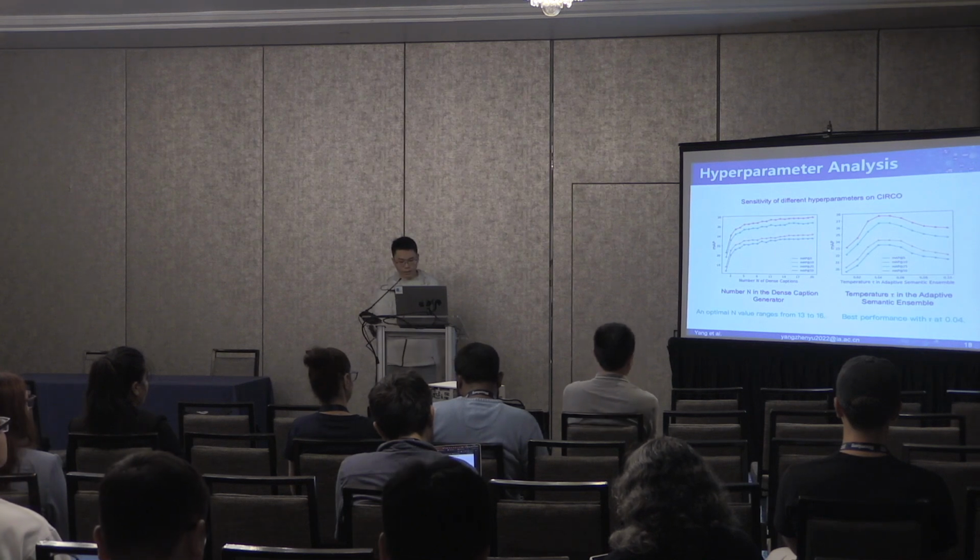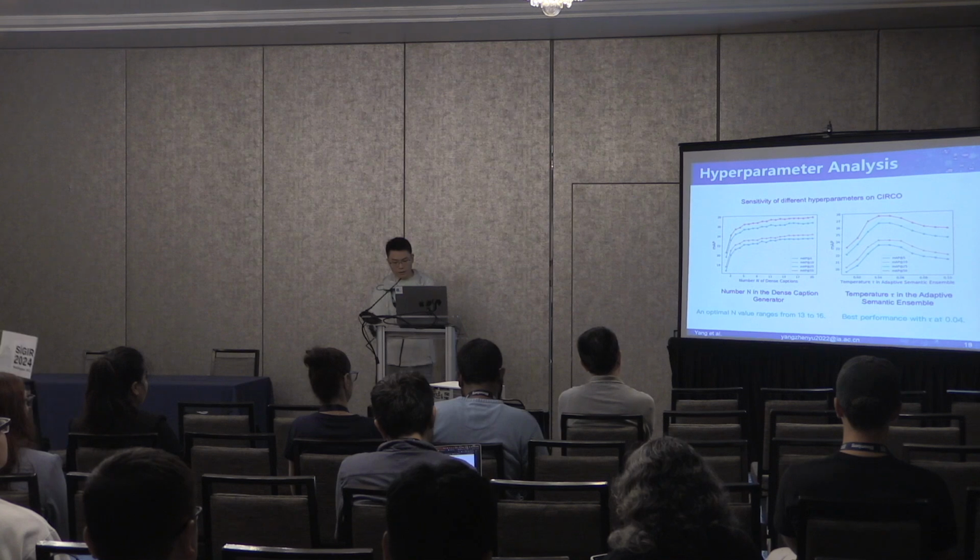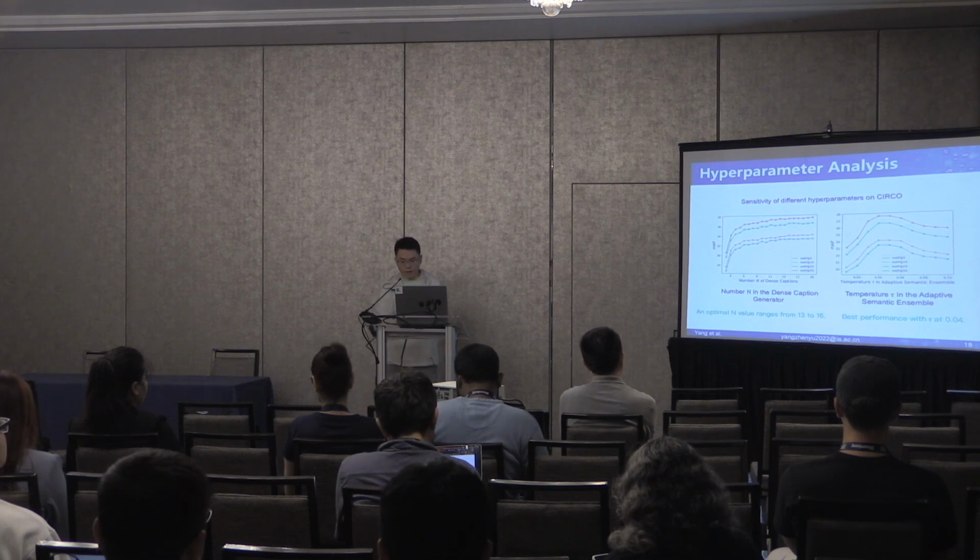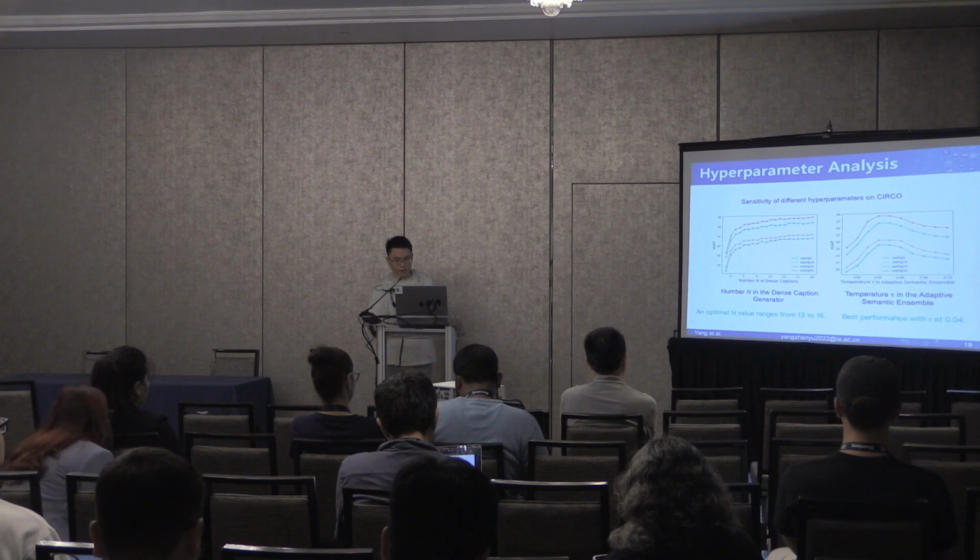Now let's take a moment to discuss hyperparameter analysis. Through our experimentation, it's become clear that the model can achieve a fair performance with an approximate value of n between 13 and 16, taking into account the trade-offs in terms of computational cost and effect.